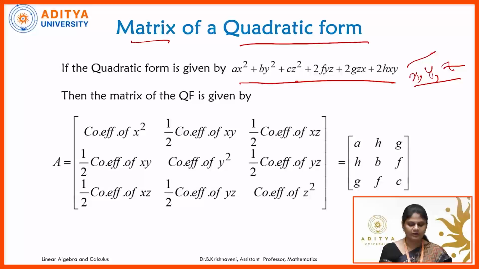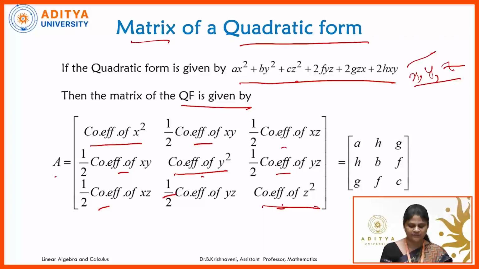To write the matrix A, the coefficients of x square, y square, z square represent the diagonal elements. The remaining are mixed coefficients, that is, coefficients of xy, yz and zx.